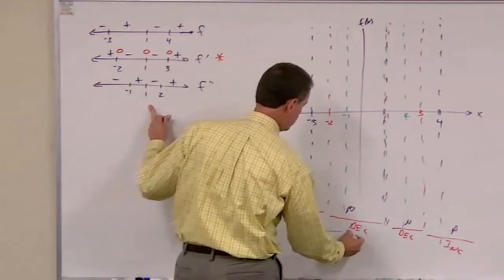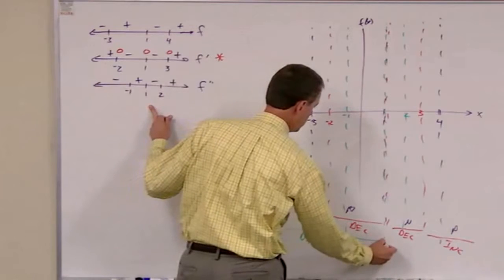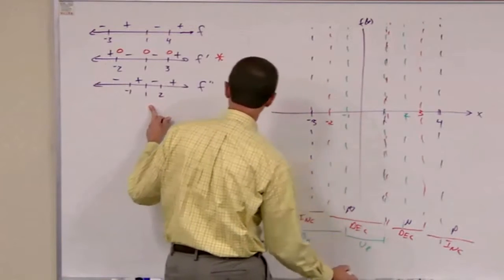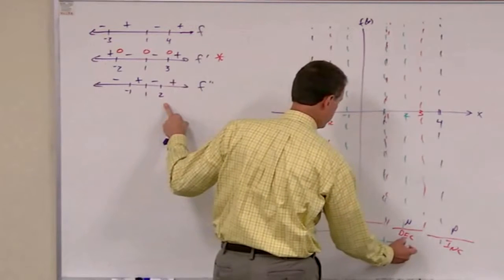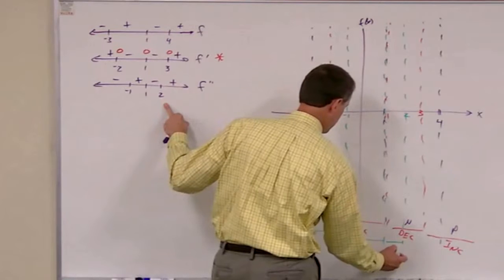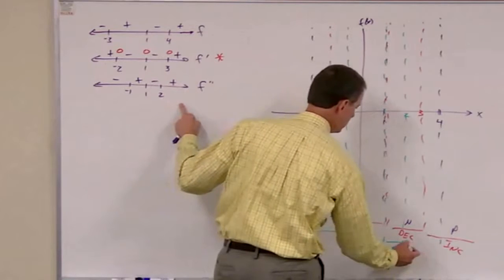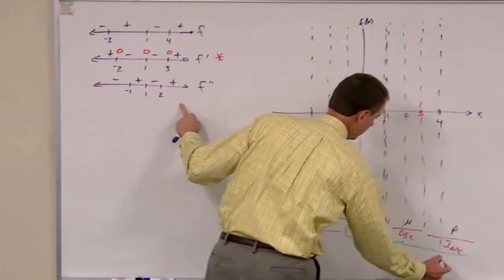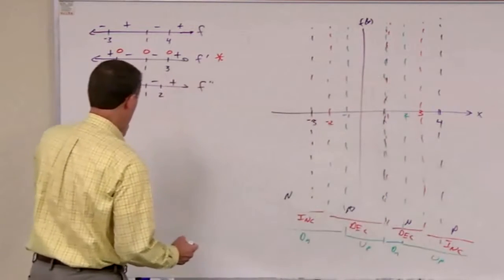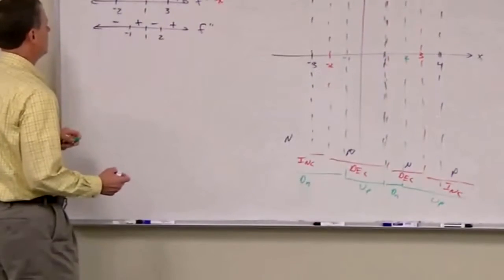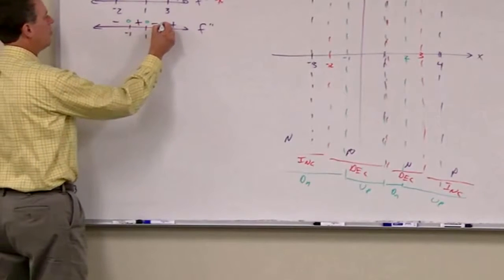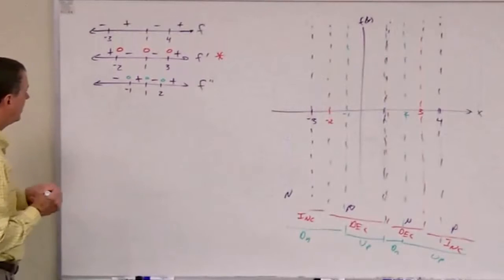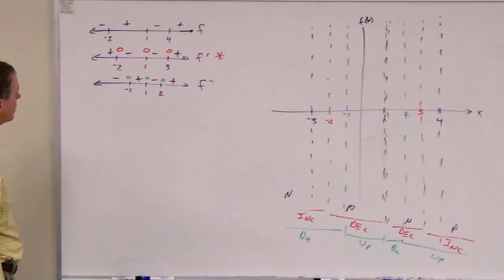Between -1 and 1, it's concave up. Between 1 and 2, it's concave down. And after 2, it's concave up. Every time you have a sign change at a point that exists, you have an inflection point there.